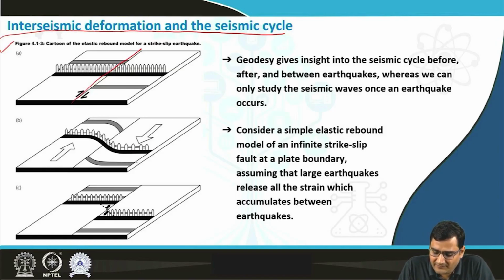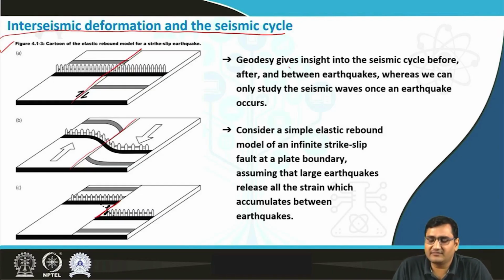The far field side is moving, but the material near the fault is not moving. They are locked with each other in the second picture. And in the third picture, after the co-seismic event happens, the displacement near the fault catches up with the far field motion. So geodesy gives insight into the seismic cycle before, after and between earthquakes, whereas we can only study the seismic waves once an earthquake occurs.